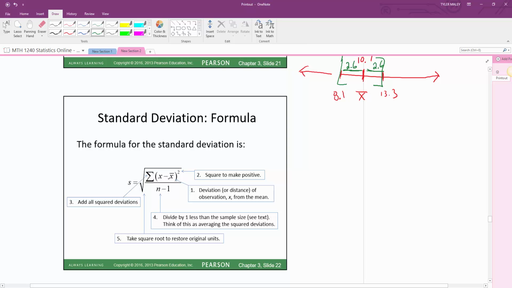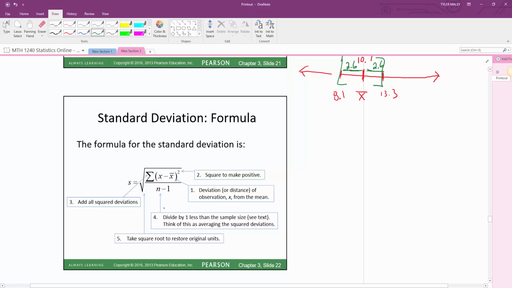Number 2, we're going to square it to make it positive, because we need our distance to be positive. Then 3, we're going to add up all these squared deviations. And then step 5, we're going to divide by 1 less than the sample size, and it says see text. So think of this as averaging the squared deviations.